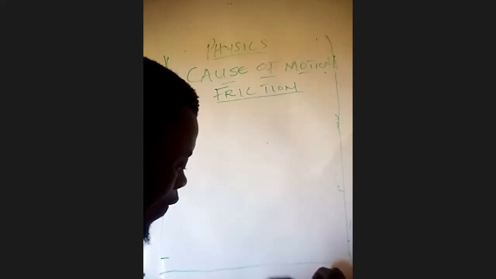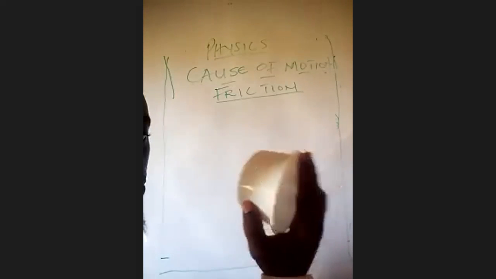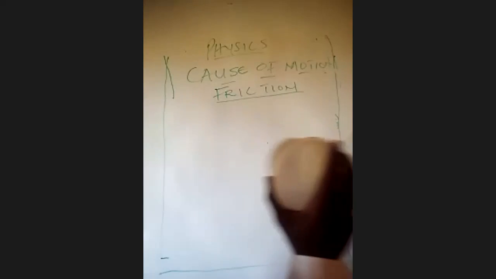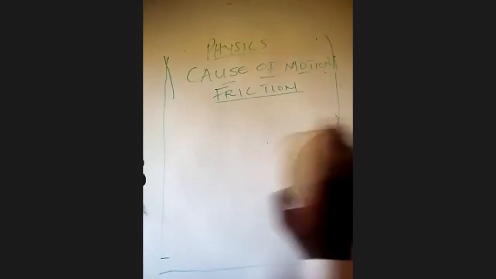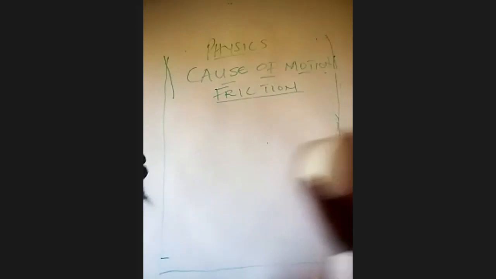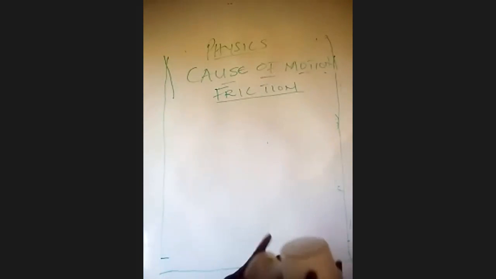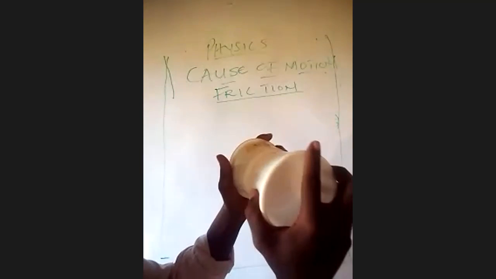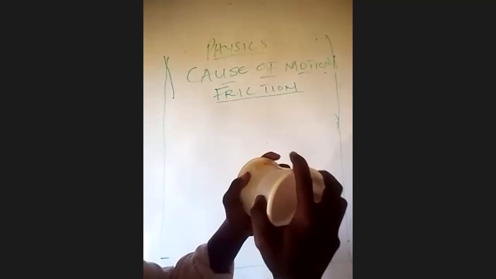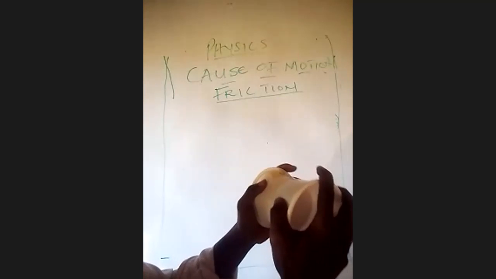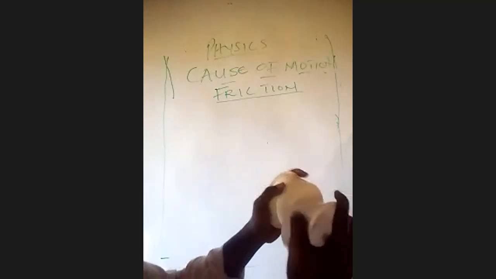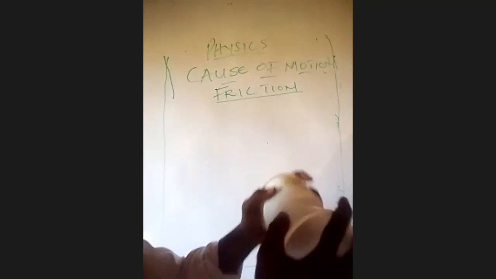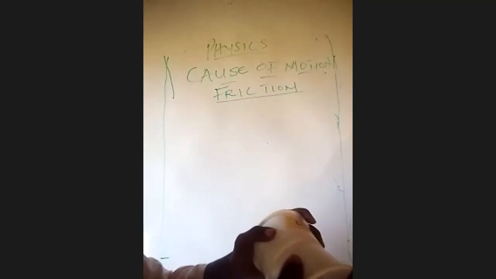If I take this cup without any other solid substances attached to it, this cup can move freely. Now, let me take another cup and join them together. Hold them tight. Try to move them. You will see that the two surfaces are preventing each other from moving freely.